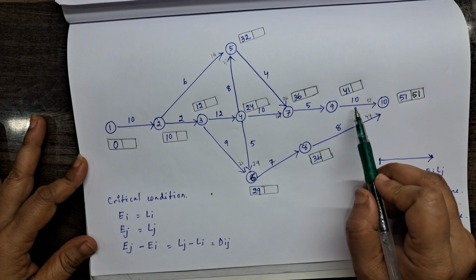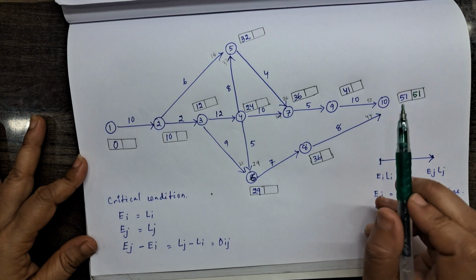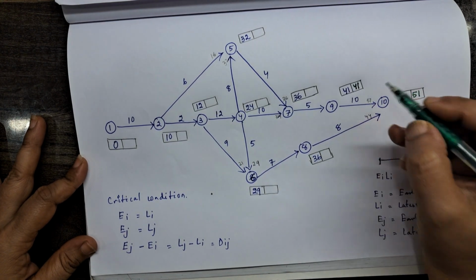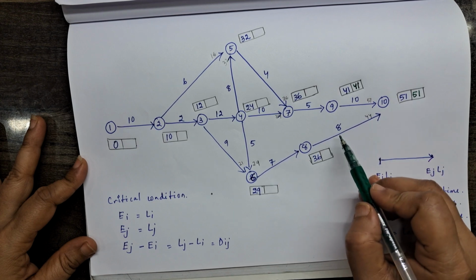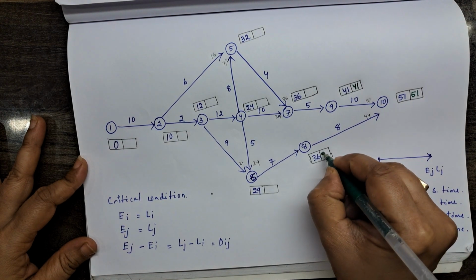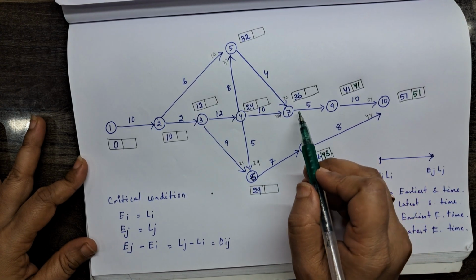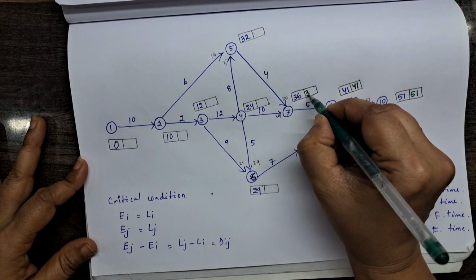51 minus 10 is 41. So I am writing 41 here. 51 minus 8 is 43, so writing 43 here. 41 minus 5 is 36.